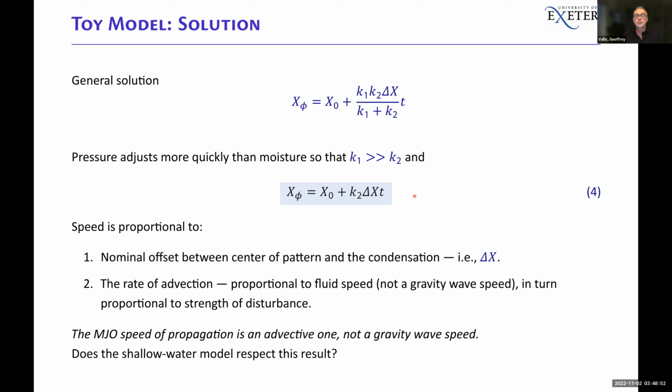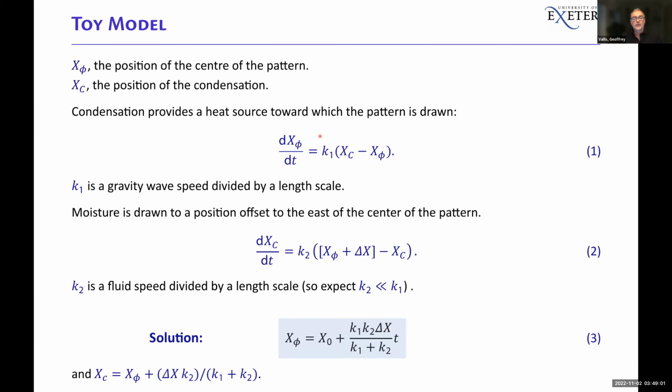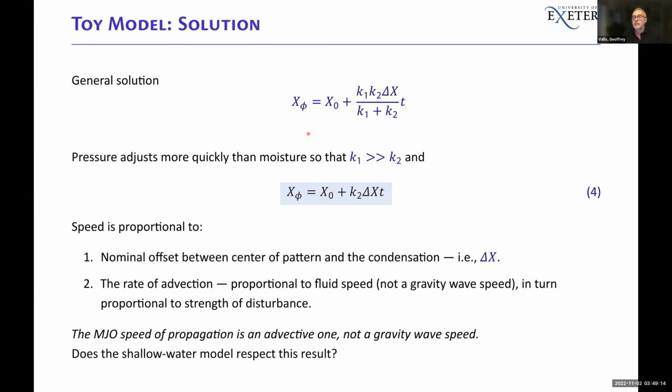And one can simplify that a little bit more, because the pressure field, which is in a sense this x sub phi field, can adjust much more quickly than the moisture itself, because the pressure field will adjust on a gravity wave speed, whereas the moisture source itself can only be moved around advectively.